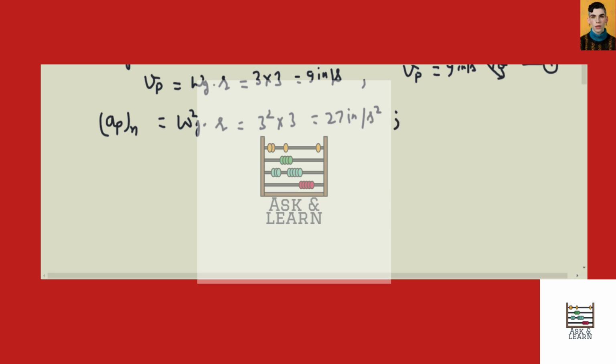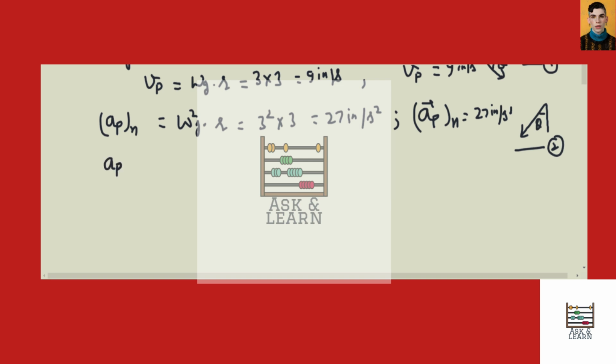So in vector form it can be written as AP normal 27 inch per second square, say equation 2.